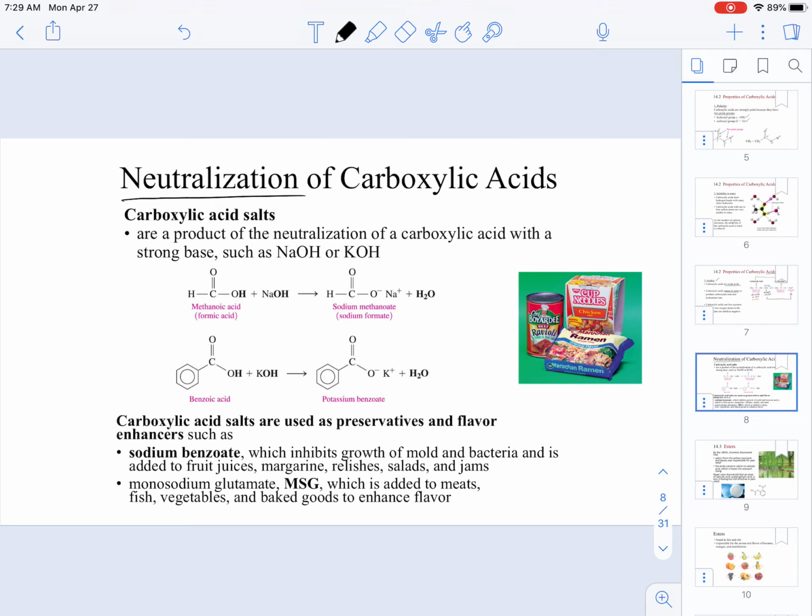Understand that if you place a carboxylic acid, like for example methanoic acid, in the presence of a strong base, like sodium hydroxide, the product of the reaction will be the formation of water, and you're going to be making a carboxylate salt.